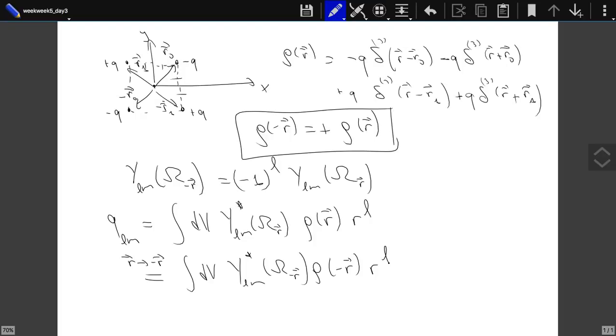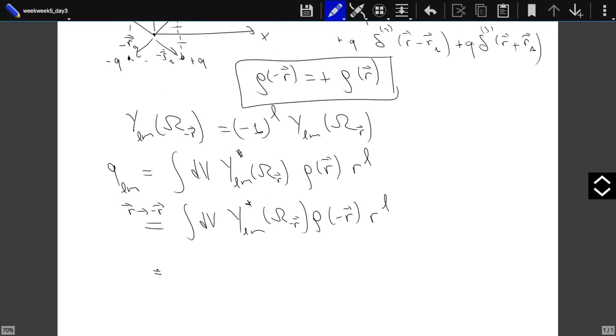Nothing else. The magnitude of the vector doesn't change if I replace r with minus r. The Y_LM, we already know its property. It becomes minus 1 to the L, Y_LM star of omega r.